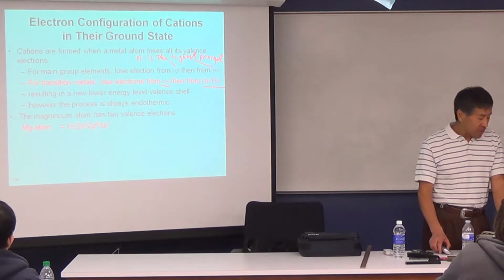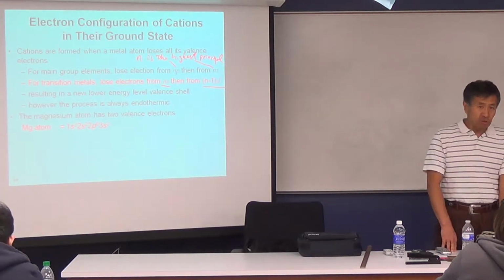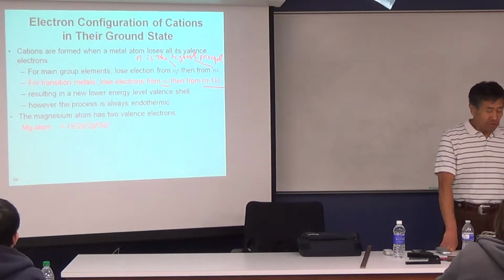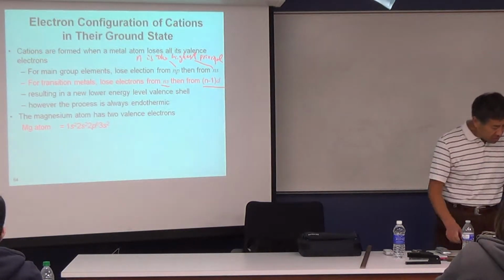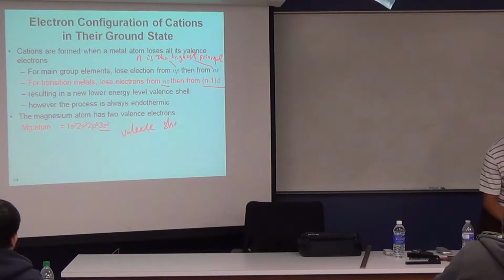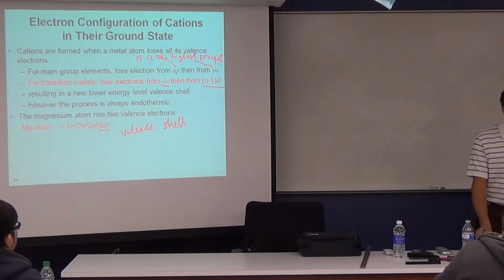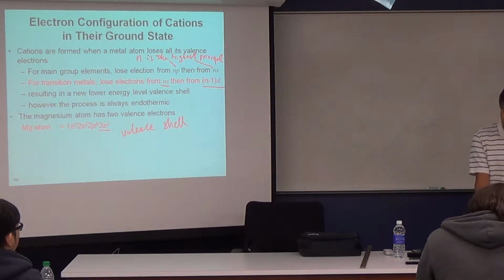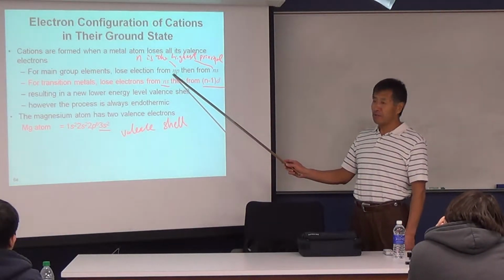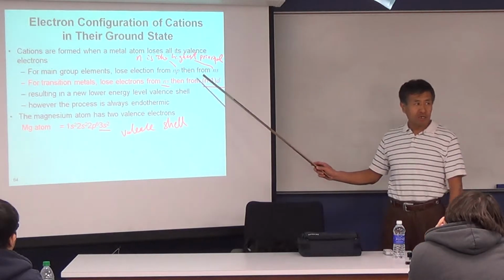For the magnesium atom, we have 12 electrons, so you will have this electron configuration, with 3s2 in the valence subshell. According to our pattern, you take from the np first, then the ns.